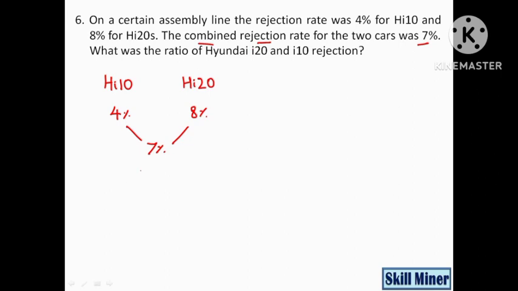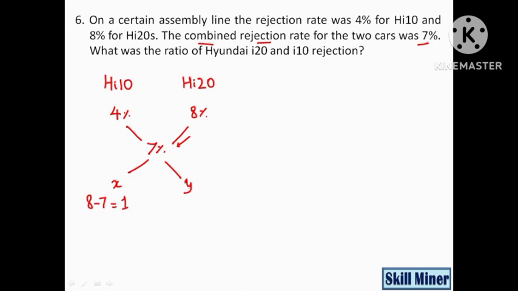Okay, let it be x or let it be y. So as per allegation rule, the value of x will be 8 minus 7, which is equal to 1.